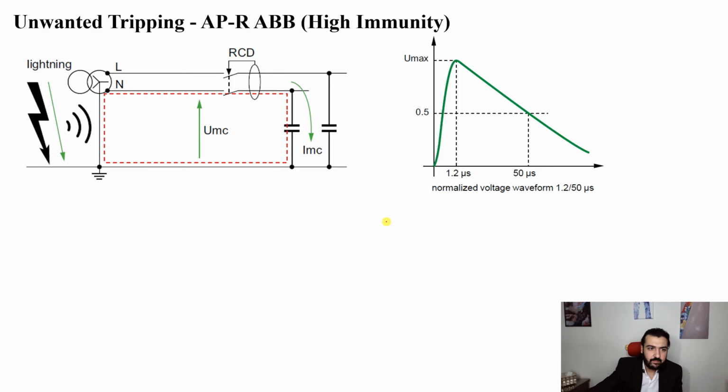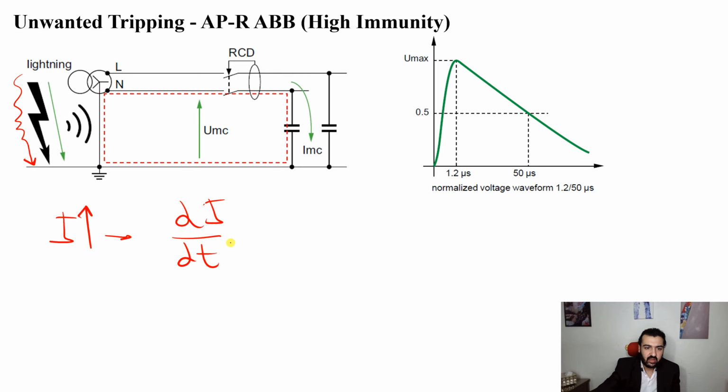Well, actually what you will find is that, for example, for lightning strikes hitting the ground, this lightning strike has a very high current and also very large change in this current. We know that the lightning strike current is like this, goes very large and then drops down to zero for a lightning strike.